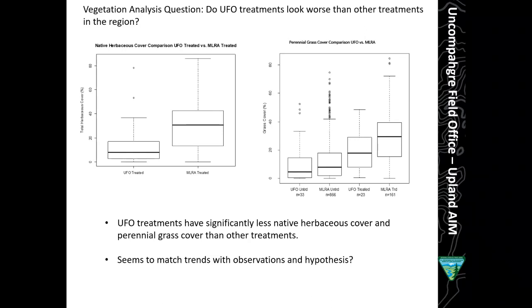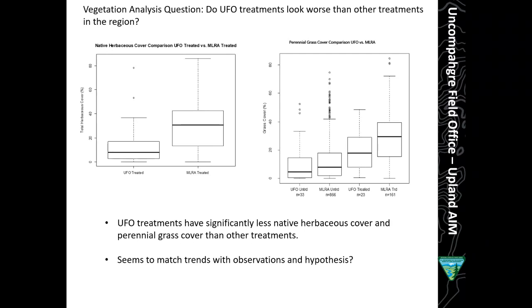And so we wanted to know, are they any worse than other folks' treatment outcomes? So we used AIM data to look at total herbaceous native cover comparing our field office treatments to other treatments that occurred in similar MLRAs as our field office.